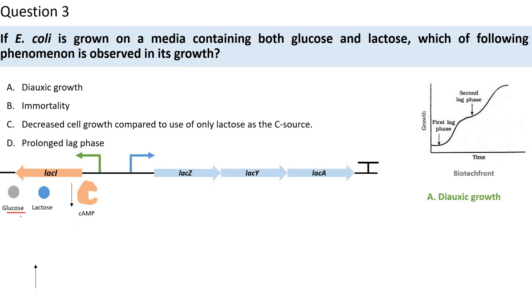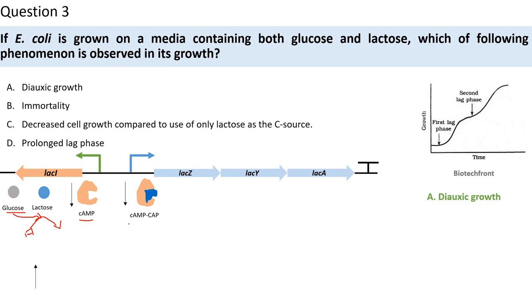See how it does this: glucose inhibits an enzyme called adenylate cyclase, which converts ATP to cAMP. Glucose goes and inhibits this adenylate cyclase. Therefore, cAMP will not be produced from your ATP, or it will be very less. So if cAMP level is less, the cAMP-CAP complex will be very less.